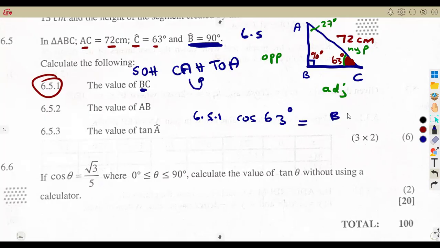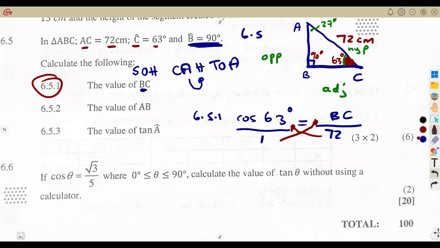Adjacent, which is your BC, over the hypotenuse, which is 72. So, guys, we formed an equation. Solve for BC, because this is the same as over 1. Any number, whatever a trig function is, can be written as over 1. So let's find BC. Cross multiply.